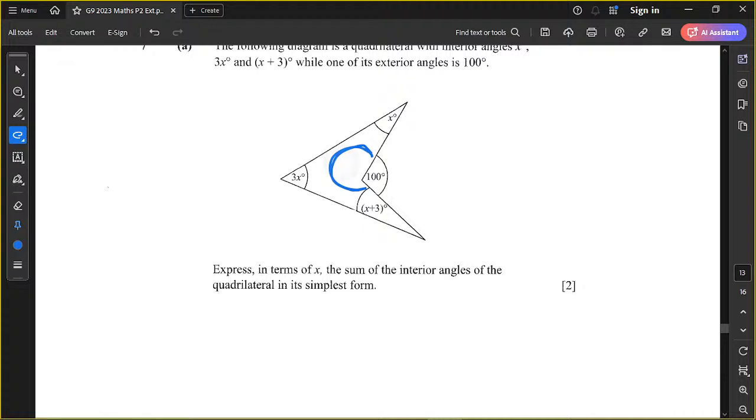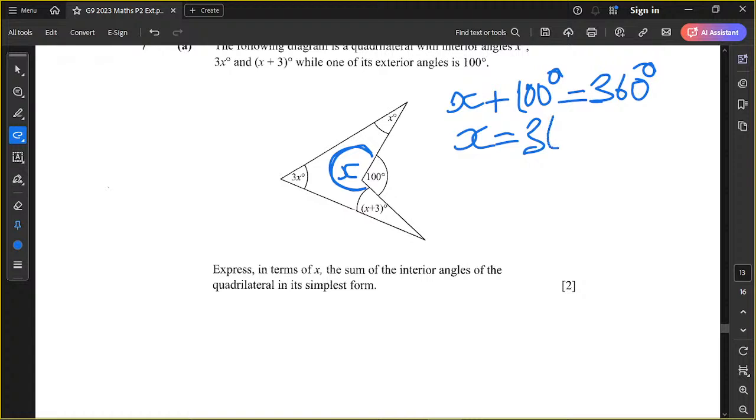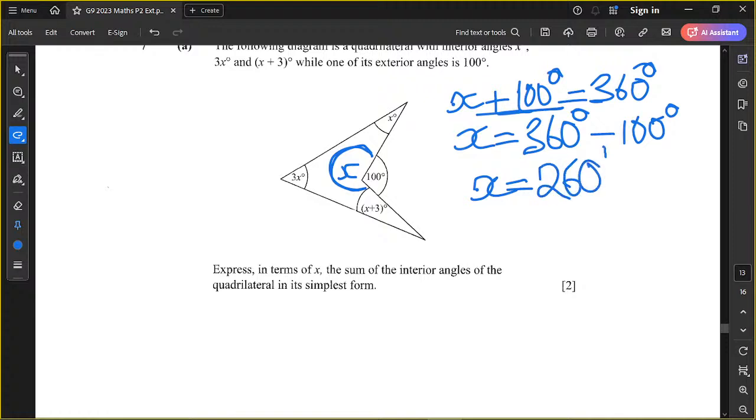So if we call this angle x, then we can come up with an expression which is x plus 100 degrees is equal to 360 degrees. Then once we've done that, we put like terms together, then we have x is equal to 360 degrees minus, since this number is going to cross the equal sign, it will become minus 100 degrees, which will give us x is equal to 260 degrees.